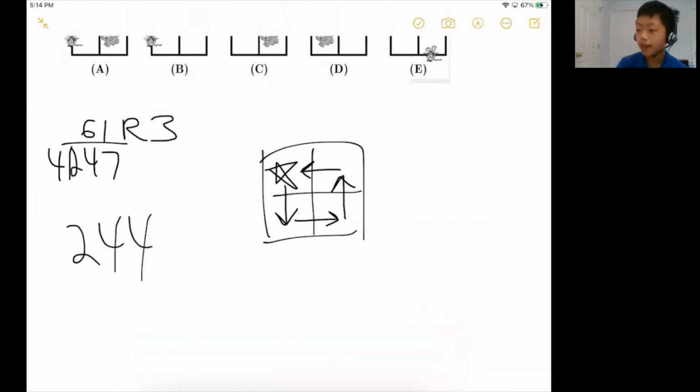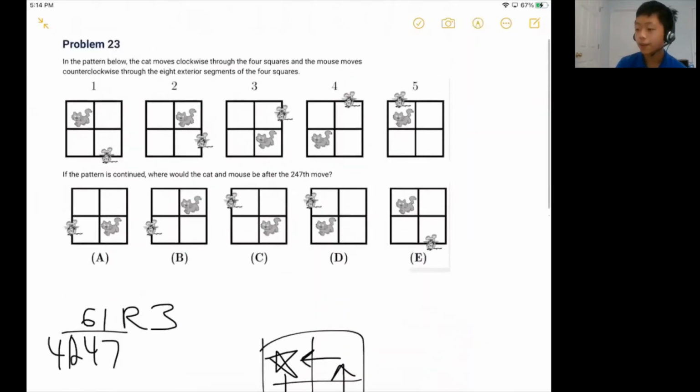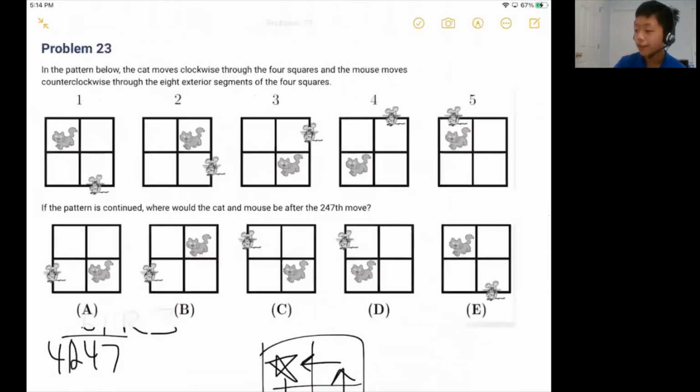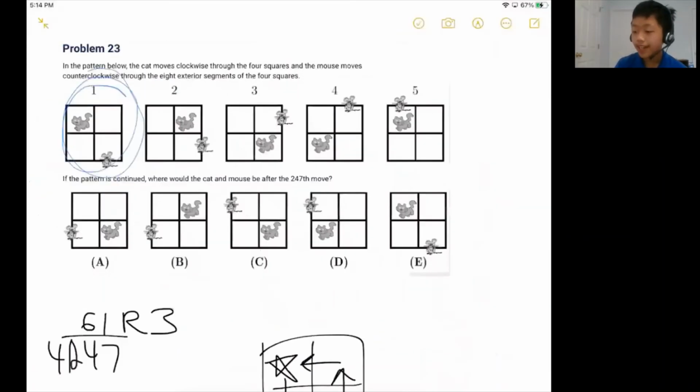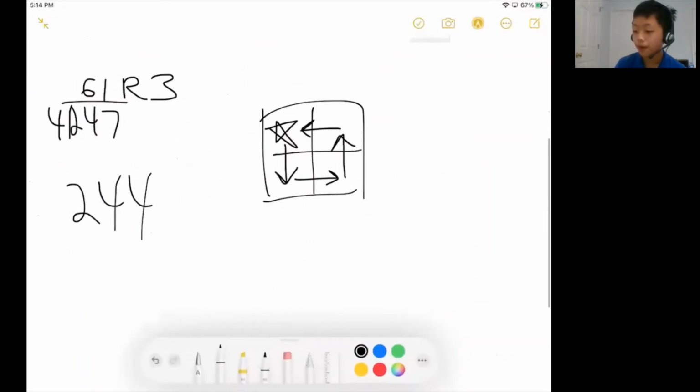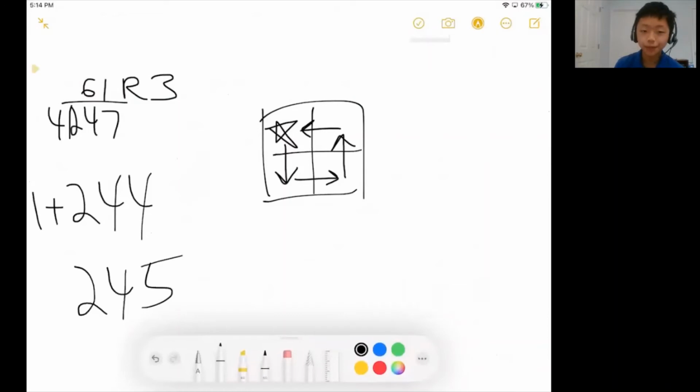But remember, in the original question, for some reason, they defined the starting position as move number 1. So technically, we have to say 1 plus 244, move 245, would have the cat back at its starting position.